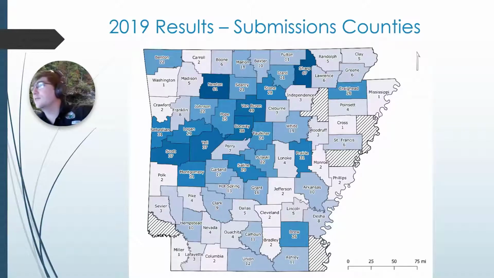So here's just a rough distribution of the submissions. And in general, you'll see similar trends where most of the observations come within the Ozarks, the Arkansas River Valley, and then around the Ouachitas. And we really wanted to work on filling in the gaps of the state. Like the eastern part of the state always tends to have fewer observations, and even some parts of the southern part of the state.